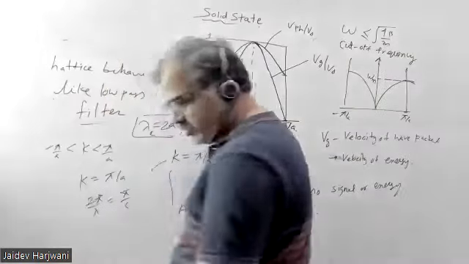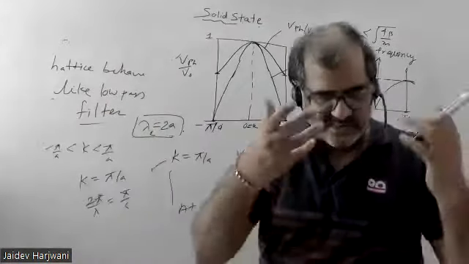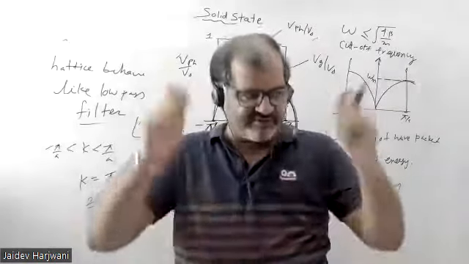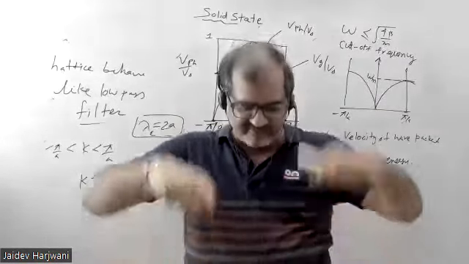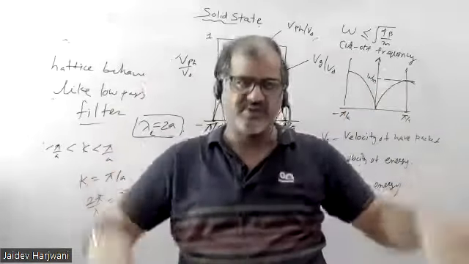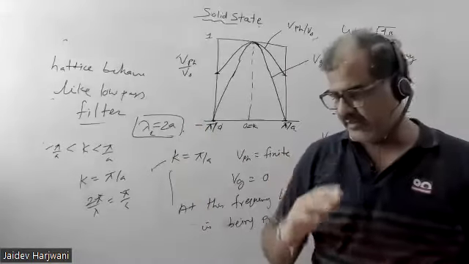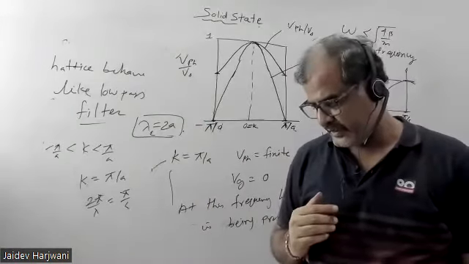So you can create many modes in the system, since the lattice can vibrate with different frequencies and different wavelengths. There are many modes, but there is an upper limit. I hope you are getting what I'm saying.